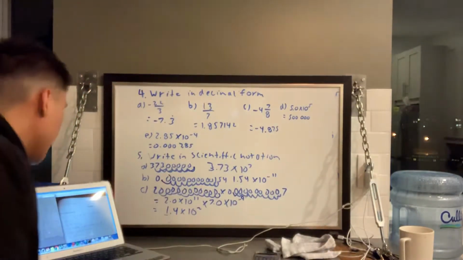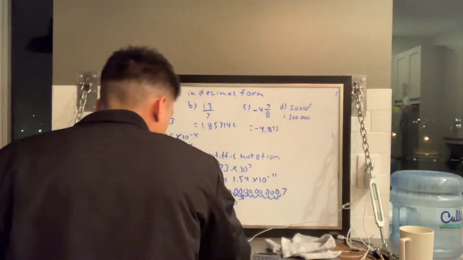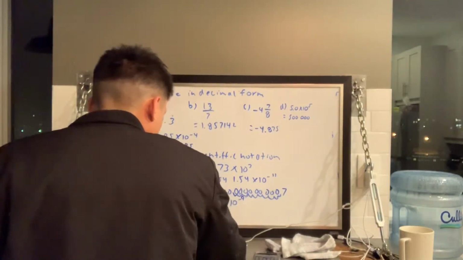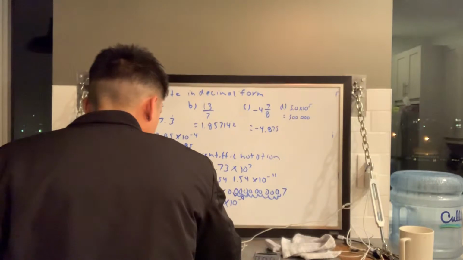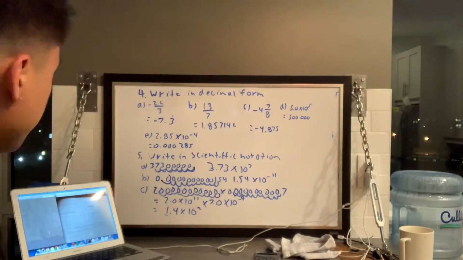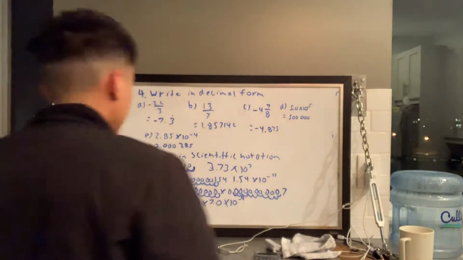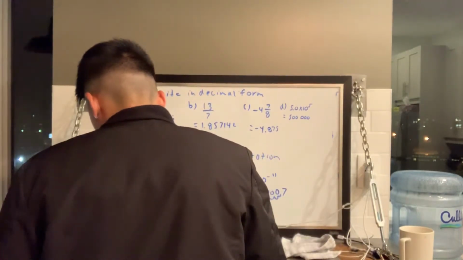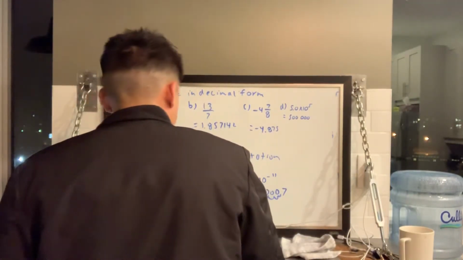And I have 1, 2, 3, 4, 5, 6, 7, 8, 9, 10, 11. So minus 9 times 11. So I get 14 times 10 to the 2. Ooh.